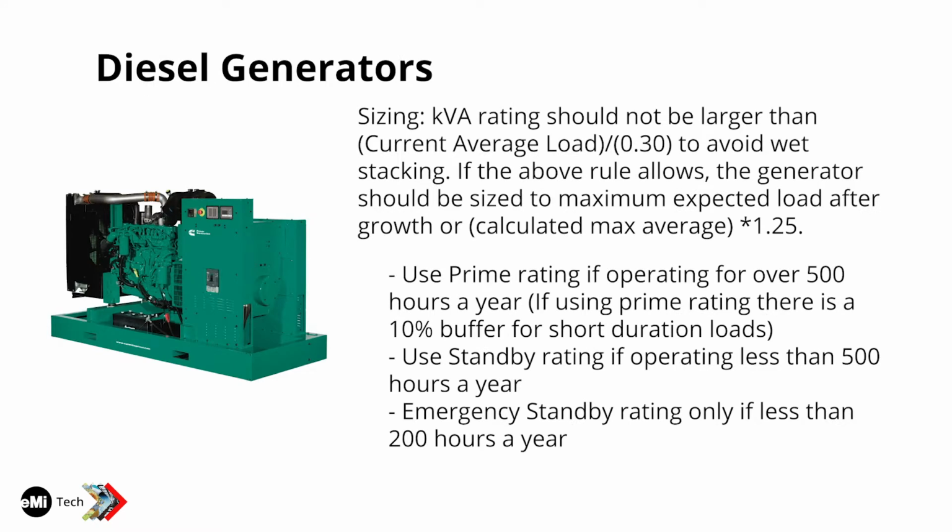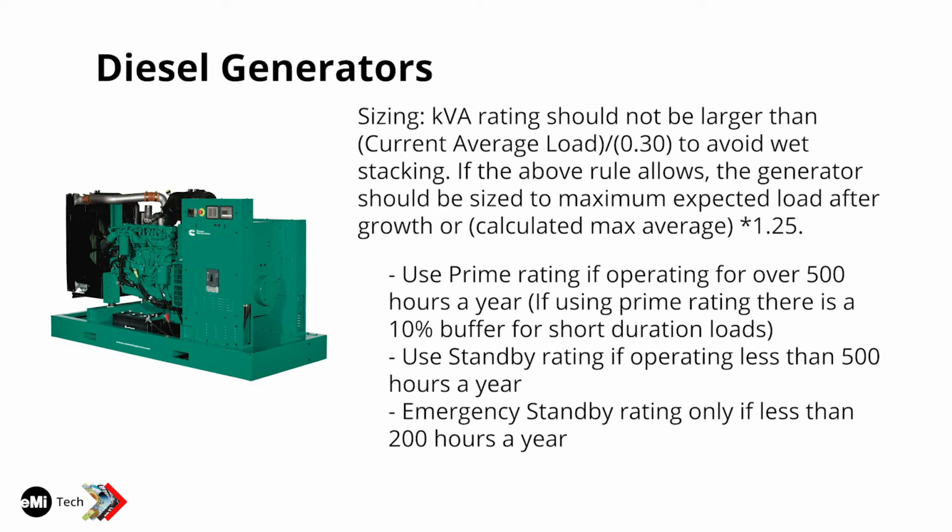Sizing a generator, the kVA rating, this is important in order to avoid the wet stacking, should never be larger than, I would say, the current average load divided by 30%. So you're basically saying that current average load has to be able to keep the generator at 30%.